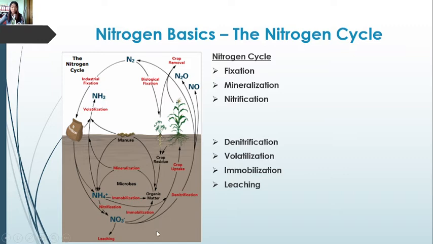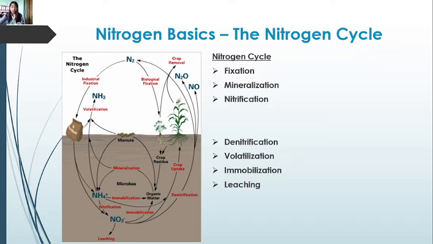Now, understanding the nitrogen cycle will help you make the best use of manure and fertilizers to meet crop needs while safeguarding the environment. So, hindi lang ito basta-bastang experiment. In every experiment kasi, we have to correlate it with the real situation.